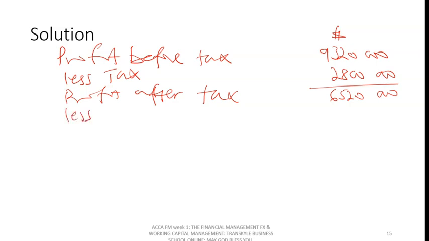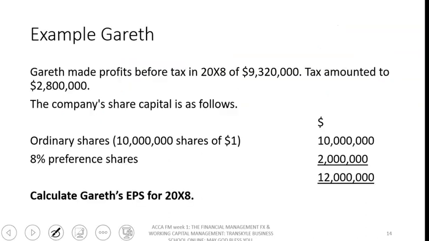And we need to remove the preference share dividend. The preference shares were quoted 8%.